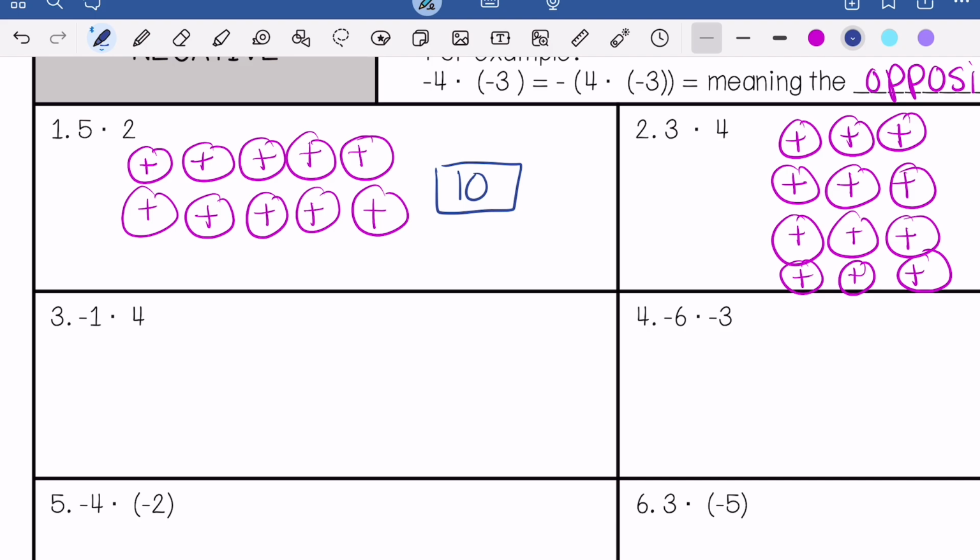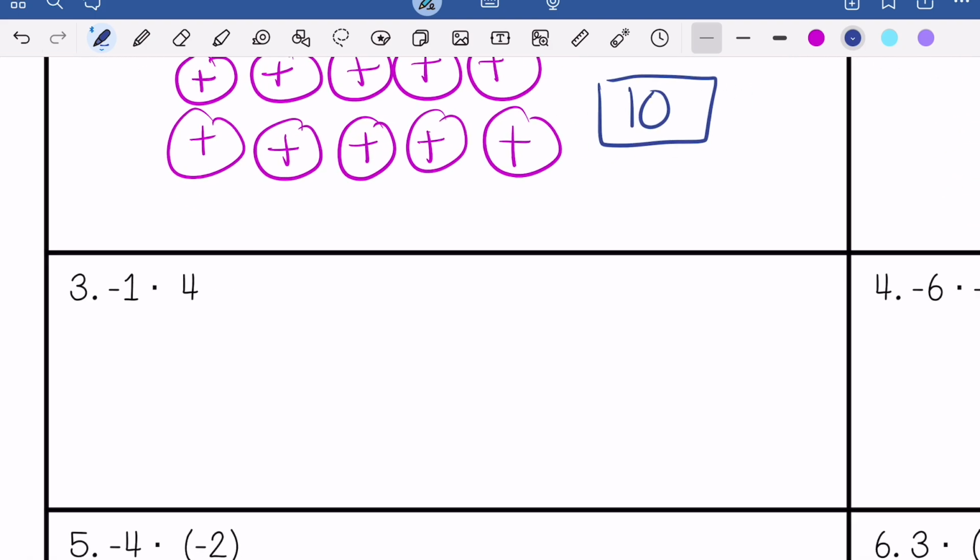All right, so when we have a negative and a positive, we can do this other method where we just write some zero pairs. A zero pair is a positive and a negative that cancel each other out. This equals 0. So I know just from basic multiplication that 1 times 4 is 4.